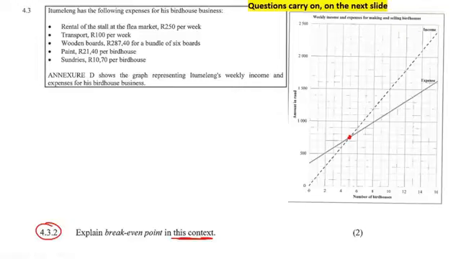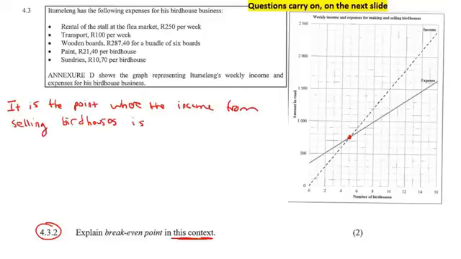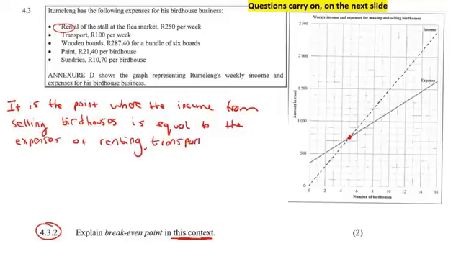So the way you'd explain it in this context is that it is the point where the income from selling birdhouses is equal to the expenses of renting, which is this one, transporting the birdhouses, which is this one, and making the birdhouse.